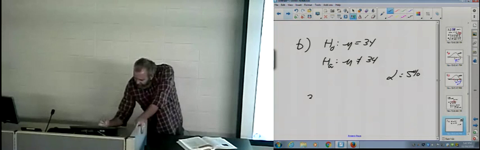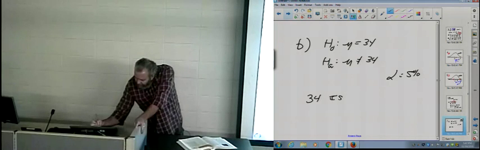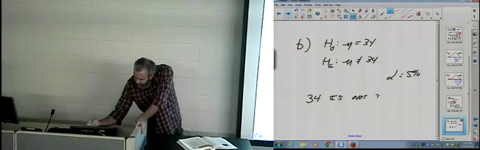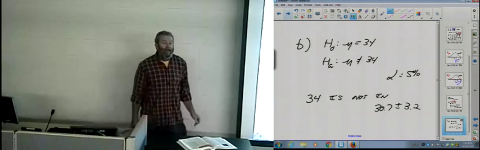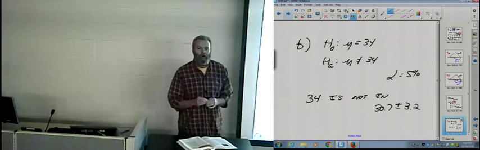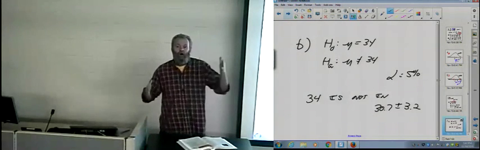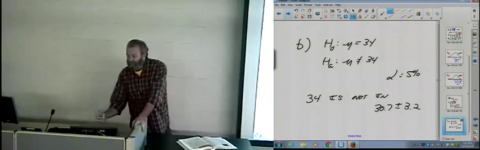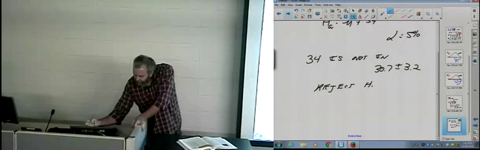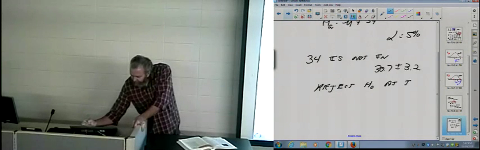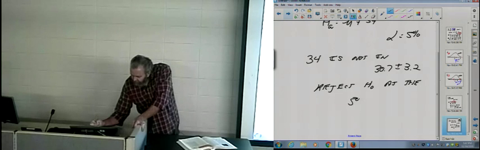I got a couple head no's. 34 is not in 30.7 plus or minus 3.2. And as soon as it's not in that interval, then your x bar was far enough away that we want to reject the null hypothesis. We reject H naught at the alpha equals 5% level.